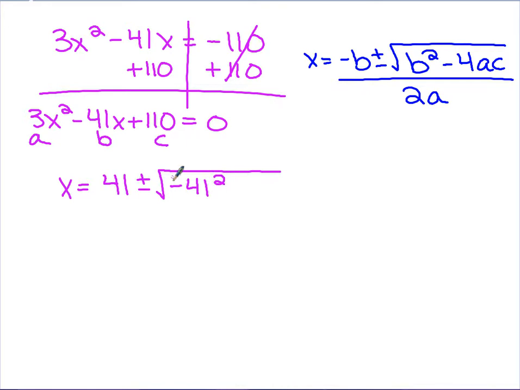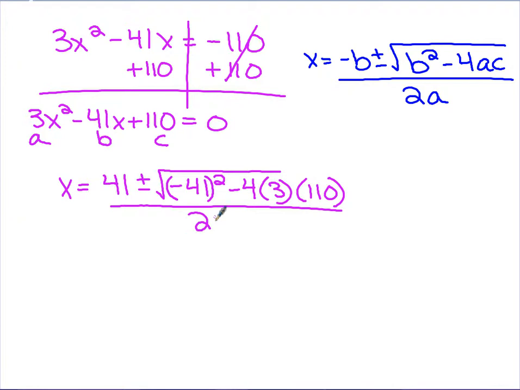When you go to put that in your calculator, make sure you do this. Otherwise, it'll give you the wrong answer. Minus 4 times A times C. A is 3. C is 110. And then divided by 2 times A. And remember, A is 3.